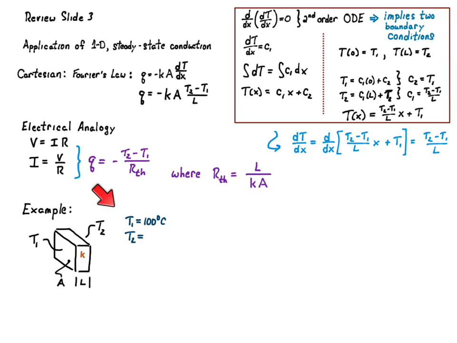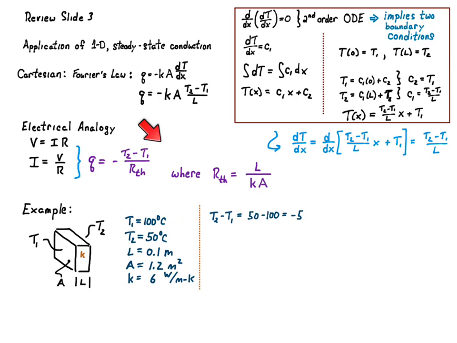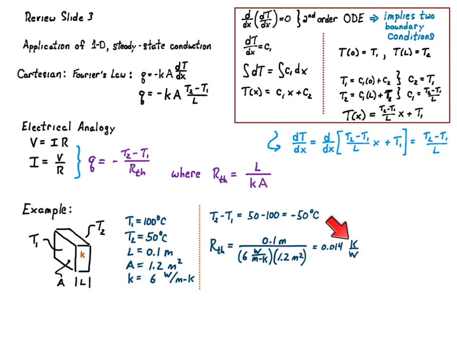Now to evaluate this type of problem, we need values for these specific quantities. And once we have them, we can go ahead and evaluate. Again, to utilize Fourier's law, we need to calculate the quantity T2 minus T1, where T2 is at x equaling L and T1 is at x equaling 0, and this evaluates to minus 50 degrees. My thermal resistance, again L divided by kA, evaluates to a numerical value of 0.014 Kelvin per watt.